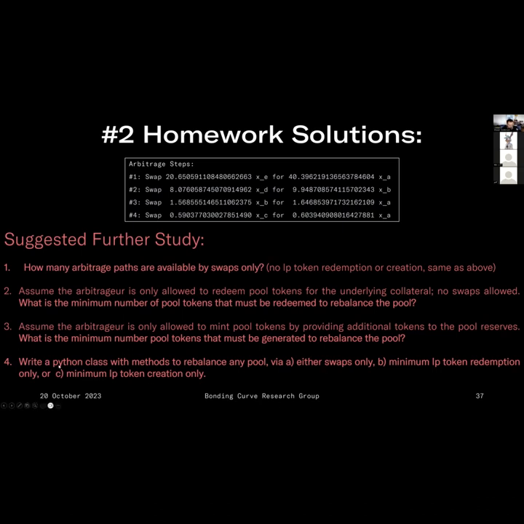And then the fourth one is, can you take some of these learnings and turn them into a Python class that actually allows you to switch between some of these methods?